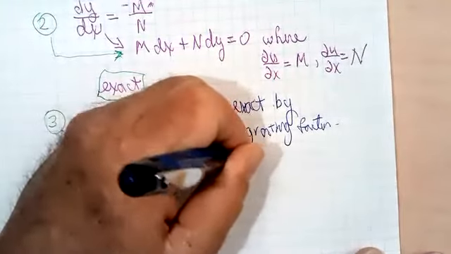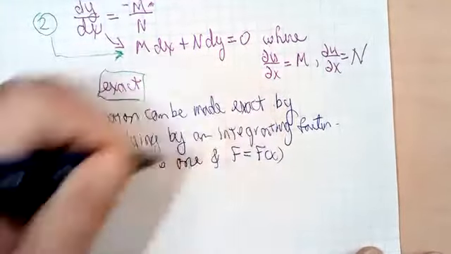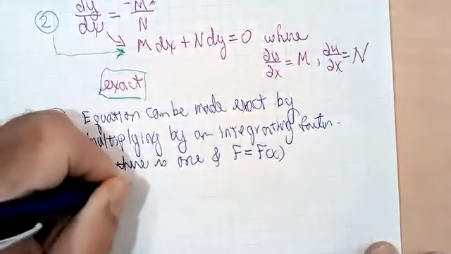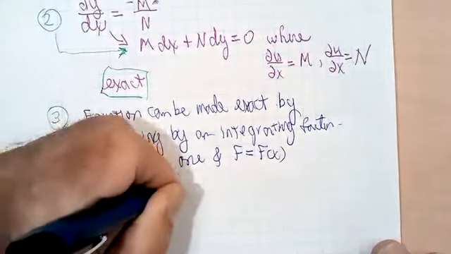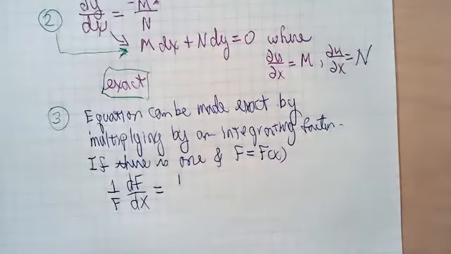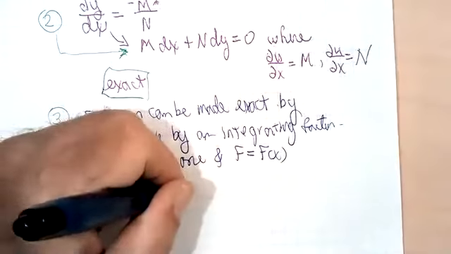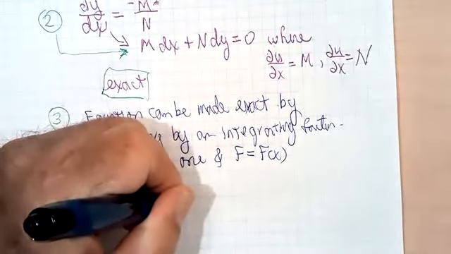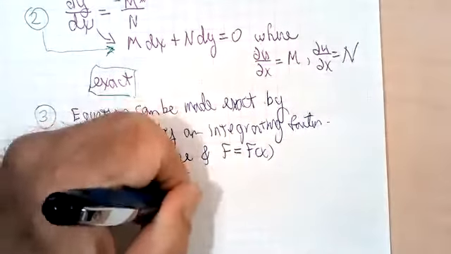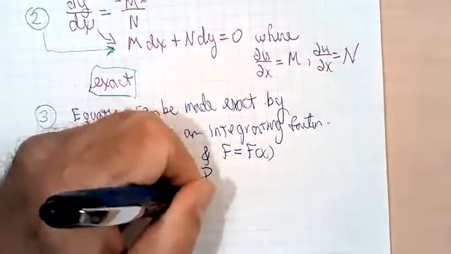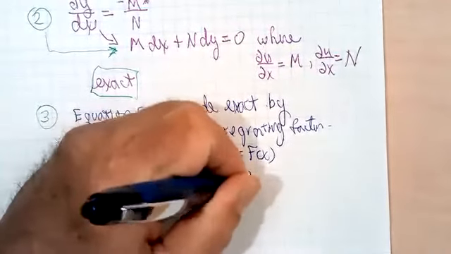and that factor is a function of x alone, then 1 over F dF/dx is equal to, and now I'm feeling cautious since I got this wrong once, 1 over Q, partial of P with respect to y minus partial Q with respect to x.